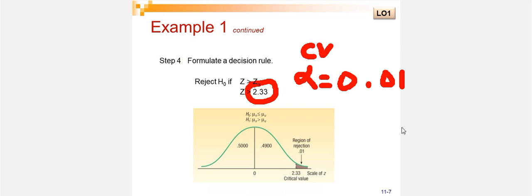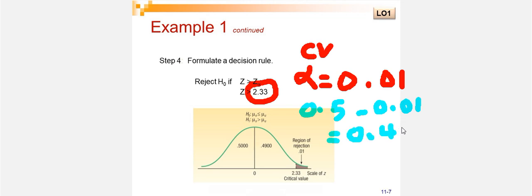We take 0.5 minus 0.01, and we get 0.49. First step, 0.5 minus 0.01, then we get the value 0.49. After that, look at the table, then we will get 2.33.